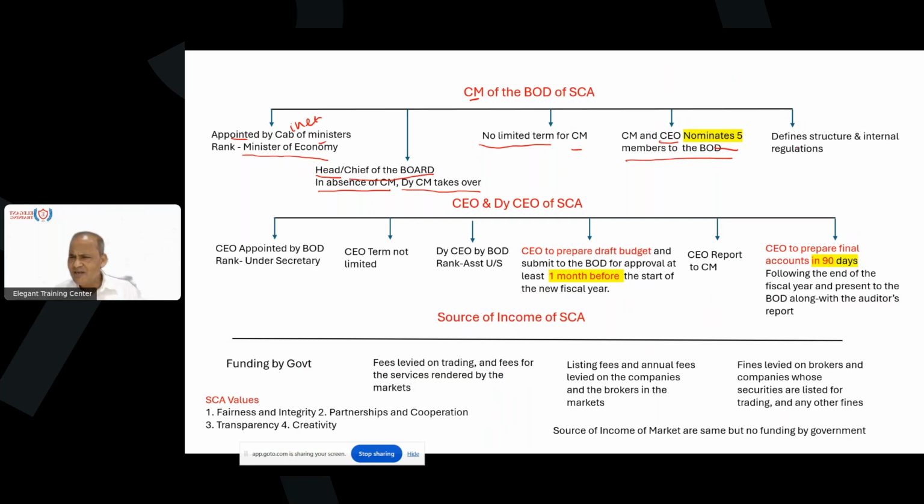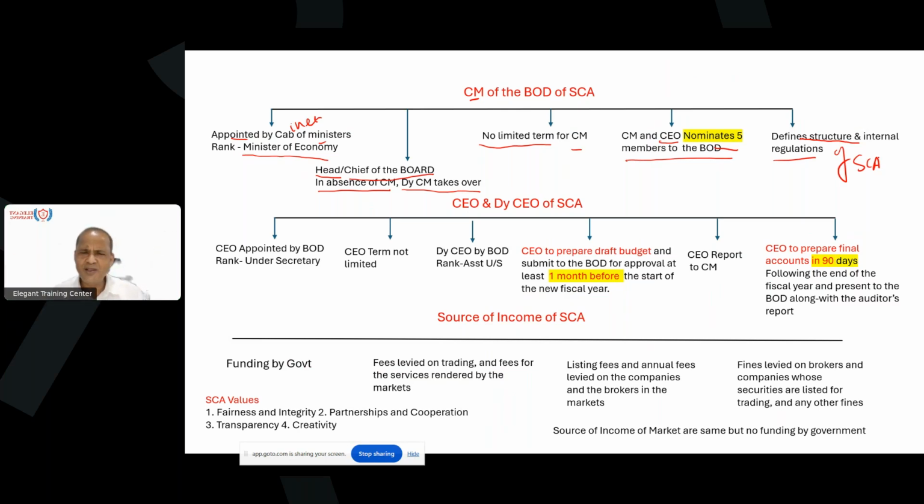Next, the chairman defines the structure and internal regulations of SCA. So SCA's functioning, SCA also have internal rules or not for their functioning. So internal regulations of SCA done by whom? The chairman. So these are the jobs of the chairman. Clear, sir, all of you?